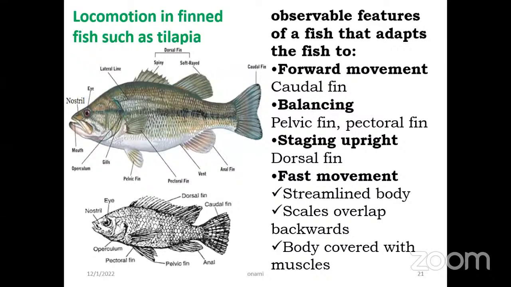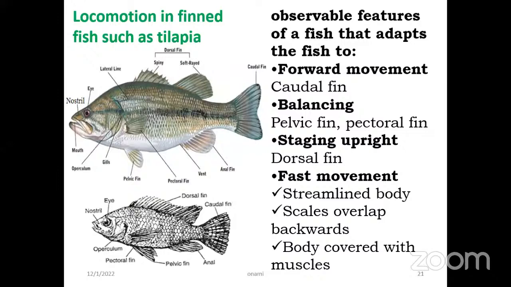For the fish to move faster, what features does it have externally? It has a streamlined body to enable it to move. The body has scales, but the scales overlap backwards. In addition, on those scales you will find a mucus layer to reduce friction as it moves in the water.